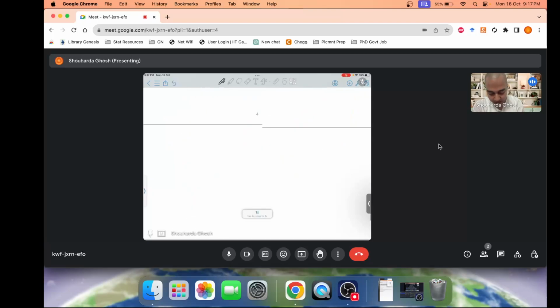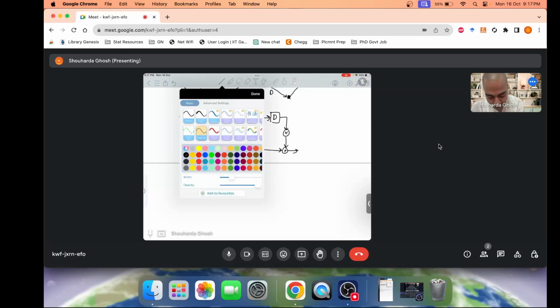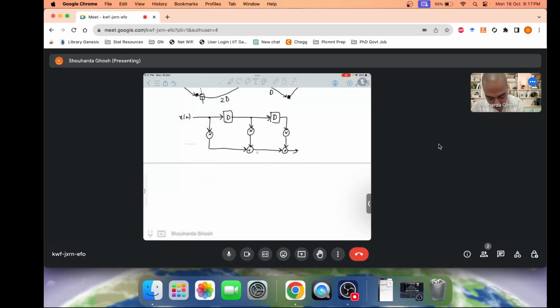So now if we look at the filter, there are multiple feed forward cut sets that I can show you. For example, this is one cut set, all of them moving in the forward direction.